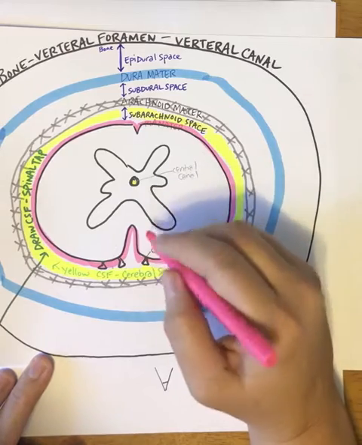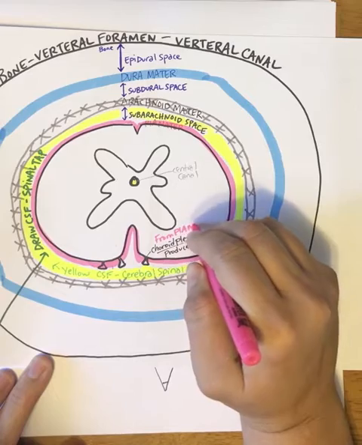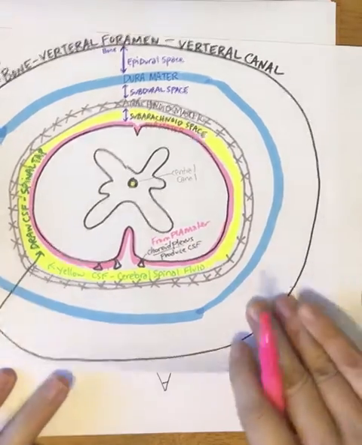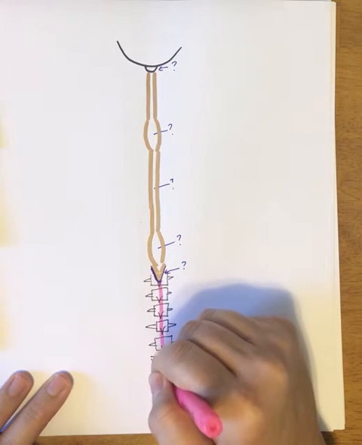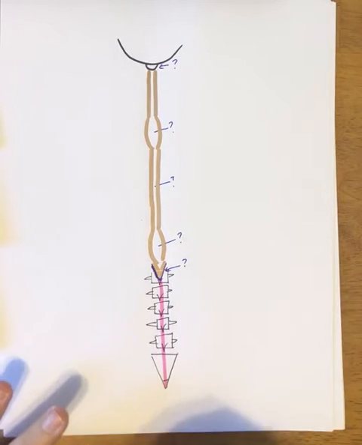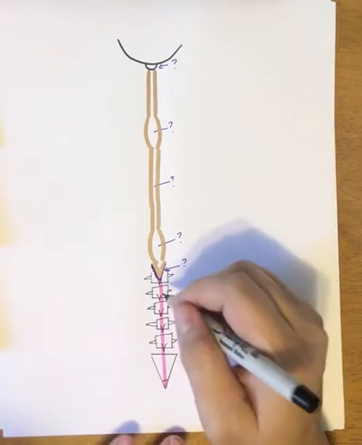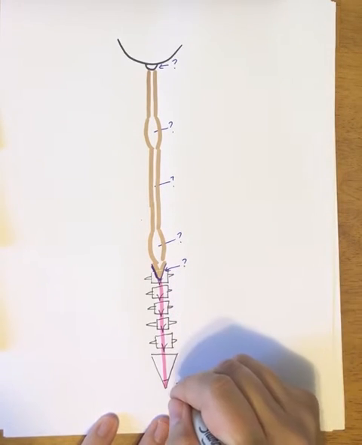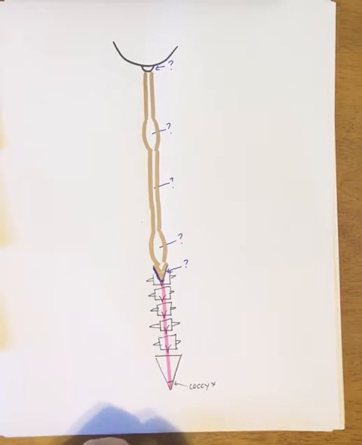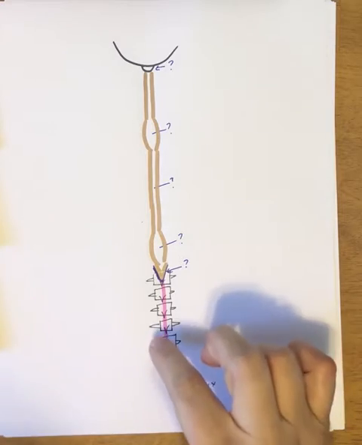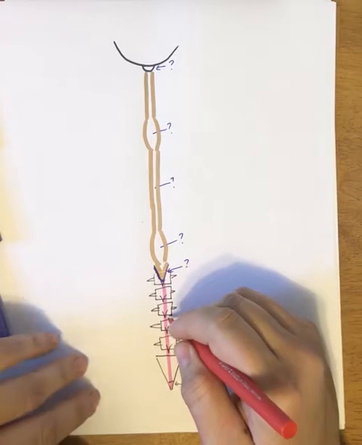These are from the pia mater that produce CSF, but from your pia mater, you have a piece that goes down and anchors it to the coccyx. So an extension off the pia mater that anchors the spinal cord to the coccyx, which is here, is called the filum terminale. This pink. It is off of the pia mater.